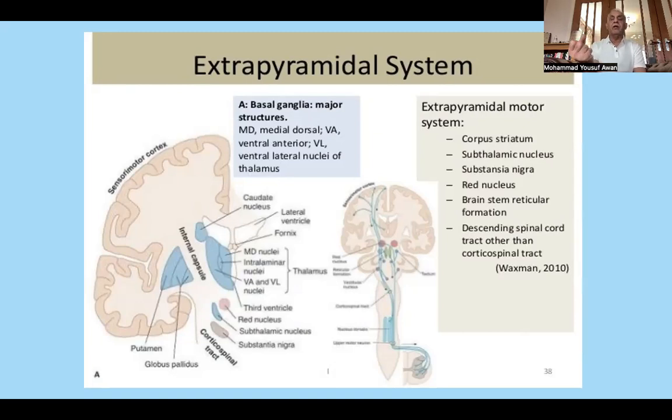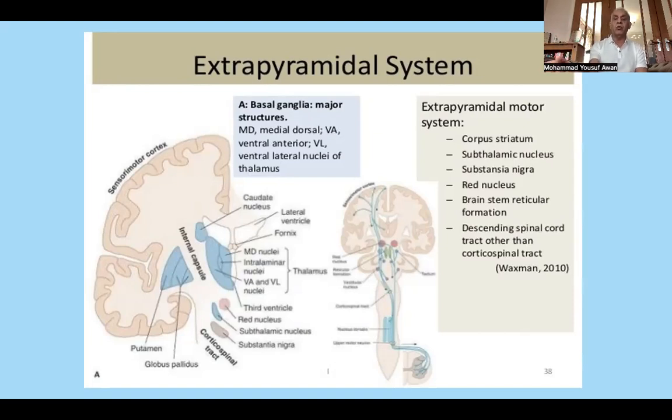The tone is increased in all groups of muscles, both flexor and extensor, arm and legs. So when you move the arm, it is rigid, stiff all over.